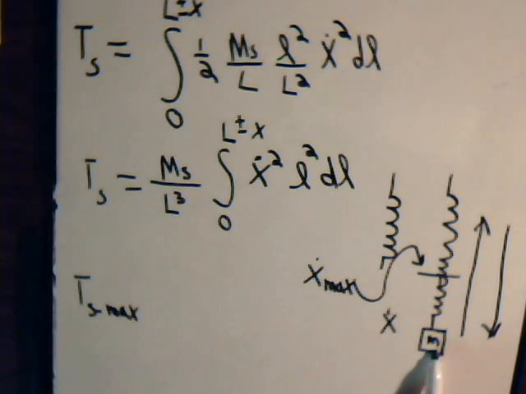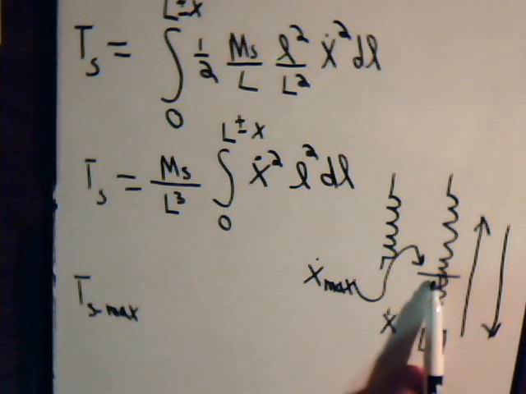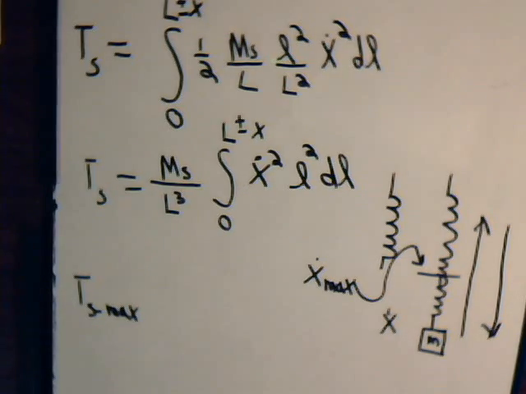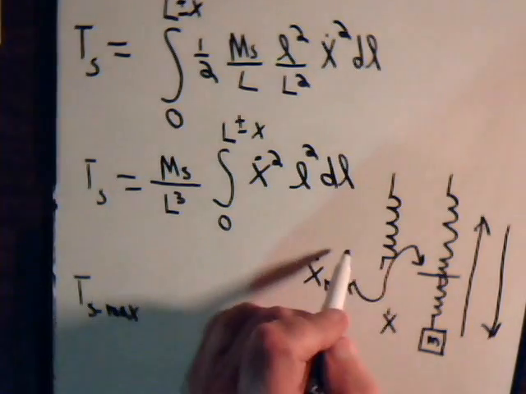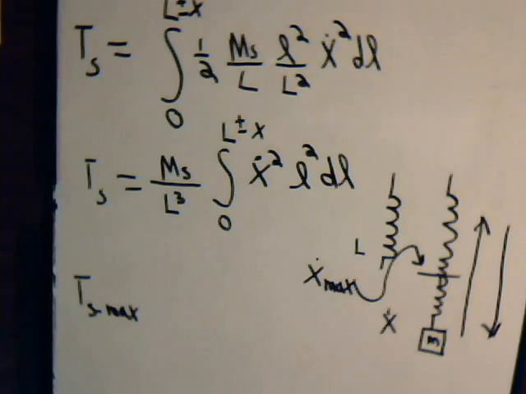That is where the block has its maximum velocity. And again, we proved that in video number 6. And that then is when the length of the spring is L. So this helps us out in two ways.